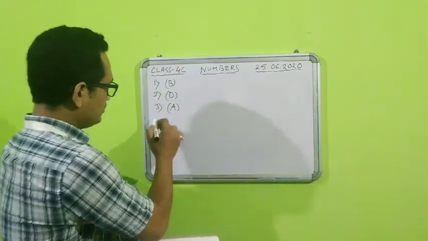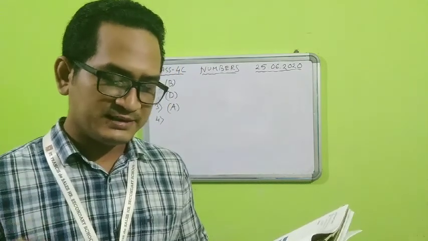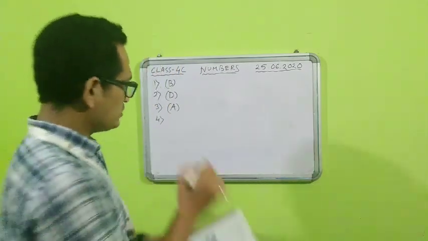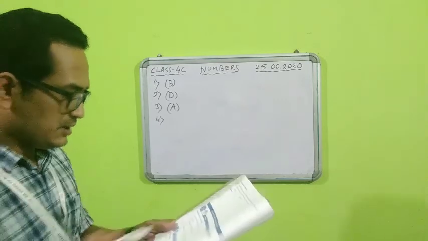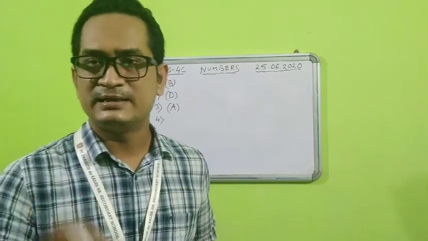That will be the correct symbol. Then question number 4, the largest number formed using the digits 4, 9, 6, 7, 0. Now students, to make the largest number, we know that we have to arrange the digits in descending order.